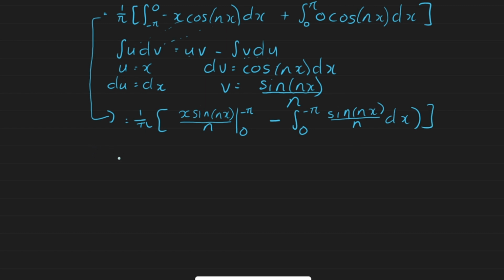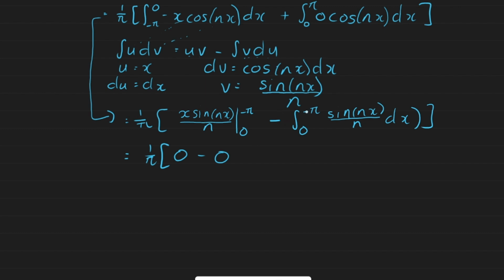So now we can evaluate this. Sine of minus pi is just 0, so that's not going to do anything. And then sine of 0 is also 0 as well.